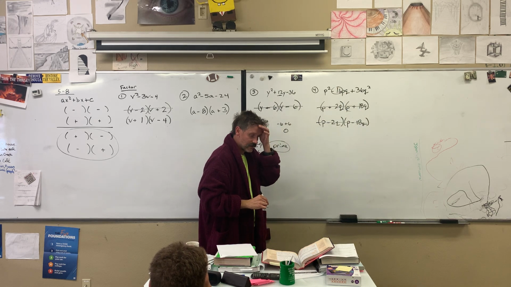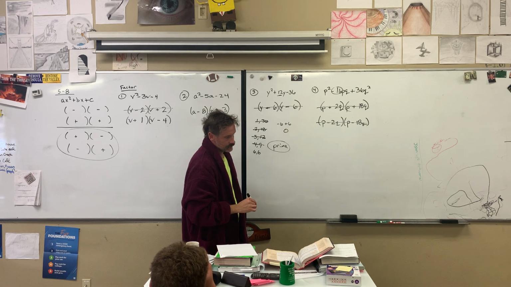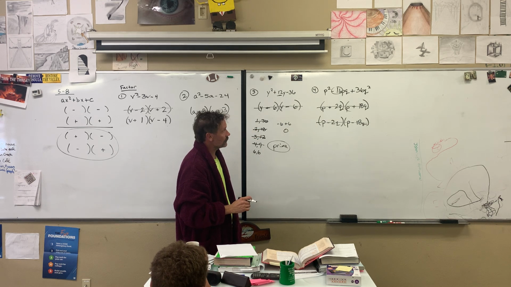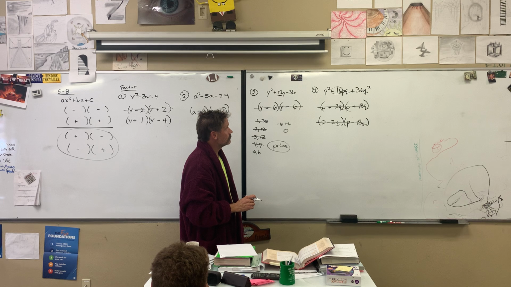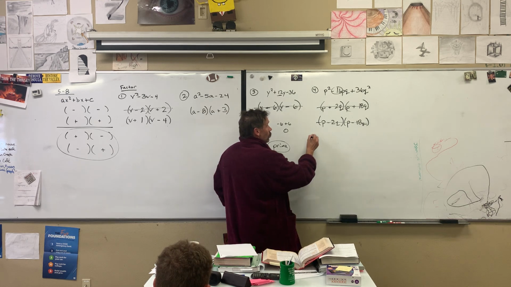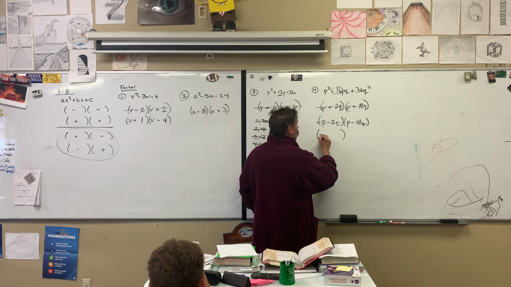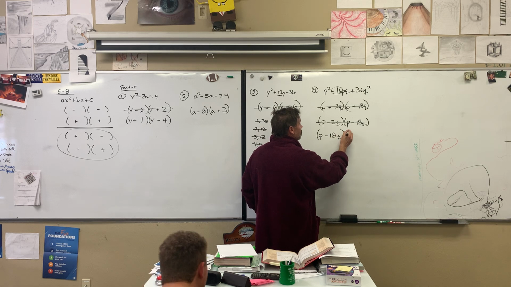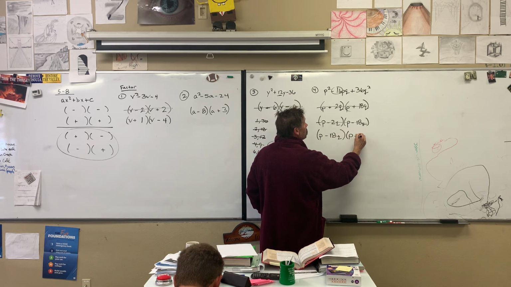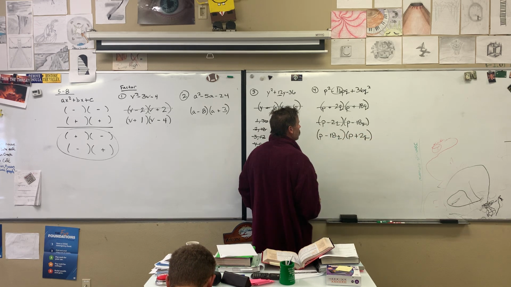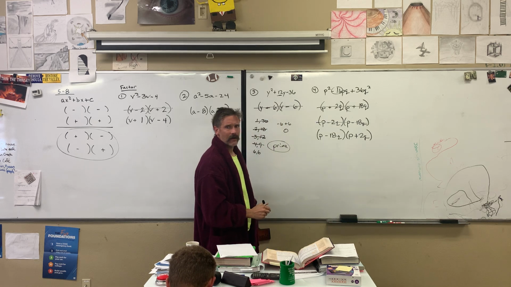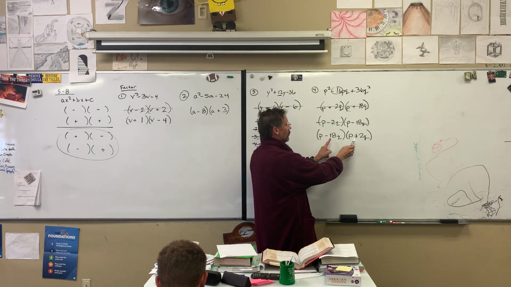So do 2 and 18 work for us? Negative 18 and then plus 2, like that, okay? We look at that, but then that's going to give us a what?